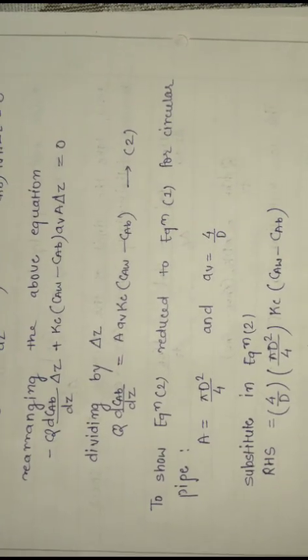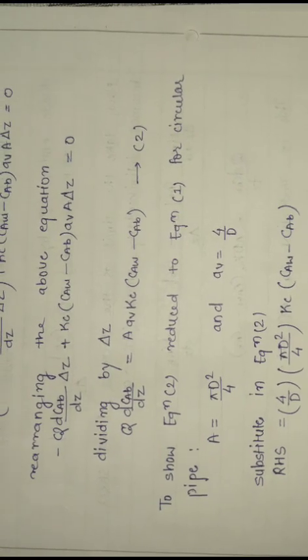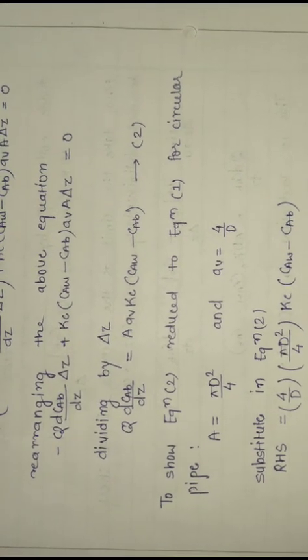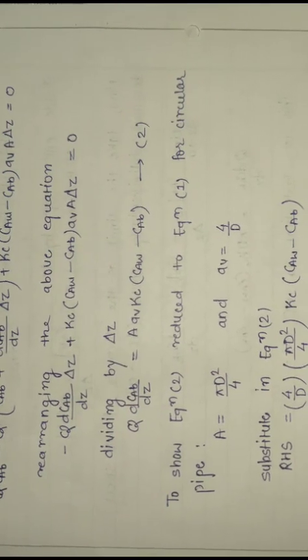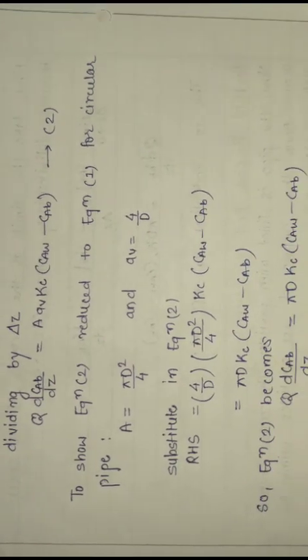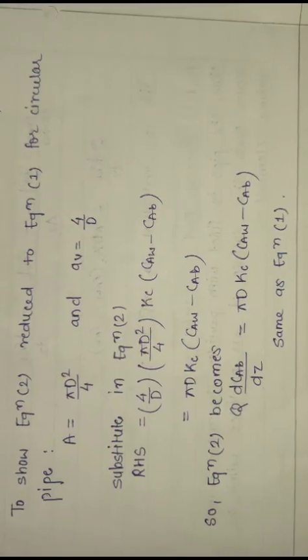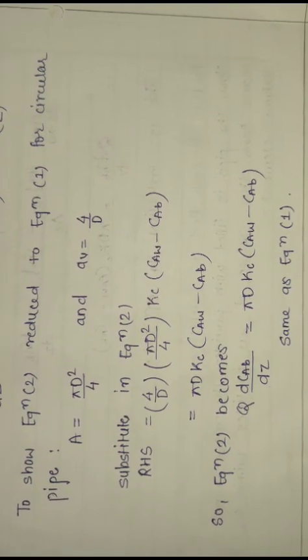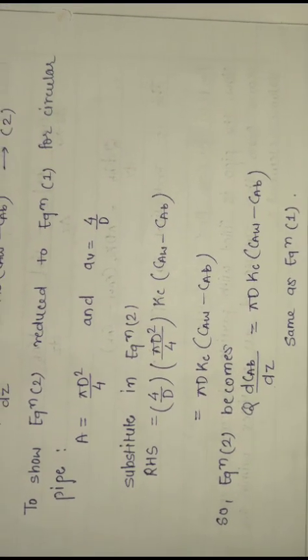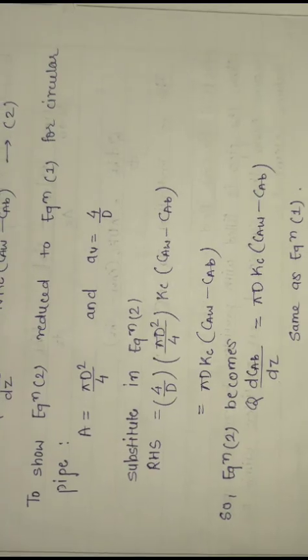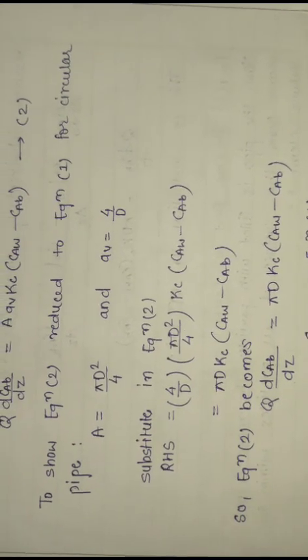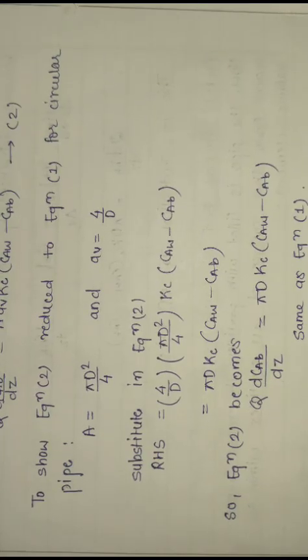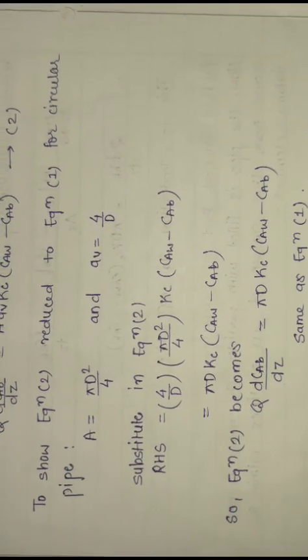If we substitute these two into the above equation, we will get the final equation, which is identical to equation 1, that is Q times dCAB by dZ equals pi d Kc times driving force.